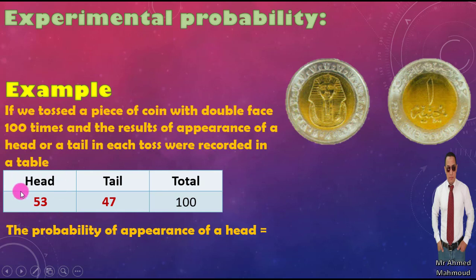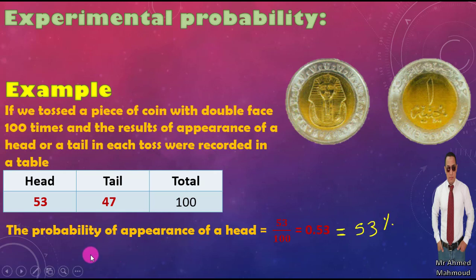The number of times of head equals 53, and the total times equals 100, so it is equal to 53 over 100, or 0.53. Or if I need to write it in percentage form, I multiply by 100, so it is equal to 53%.